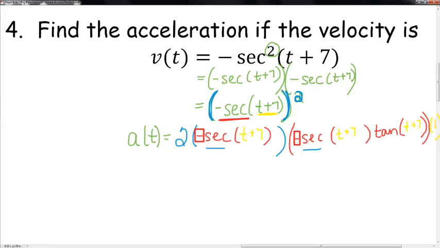So this is going to be equal to 2, because it's now positive, I have 2 secants, so it will be secant squared of t plus 7 times tangent of t plus 7. Again, this is just to show you so you can be able to recognize on the multiple choice. On the free response, you're able just to leave it as it is.